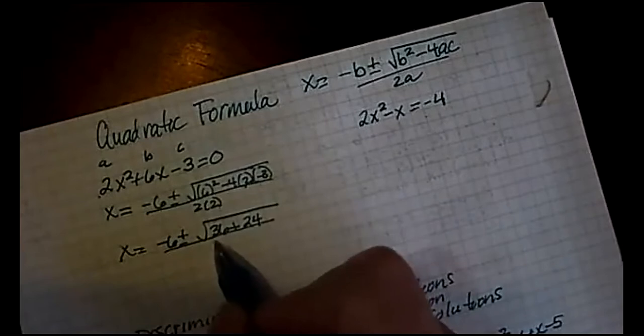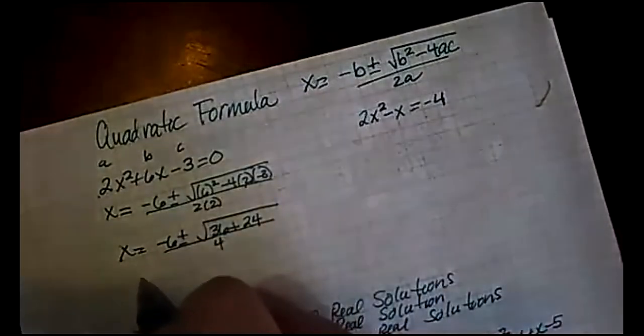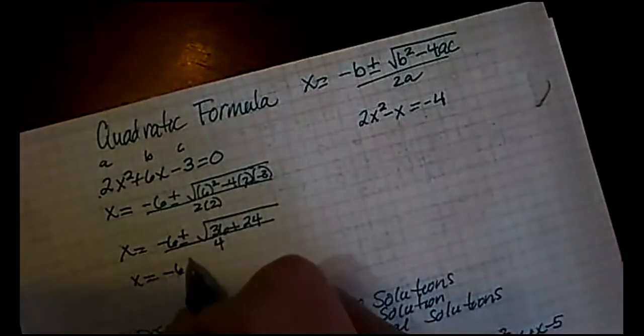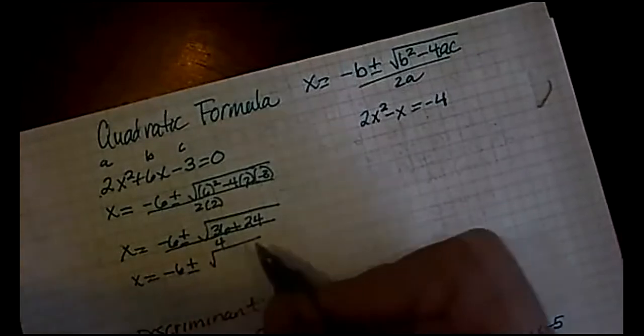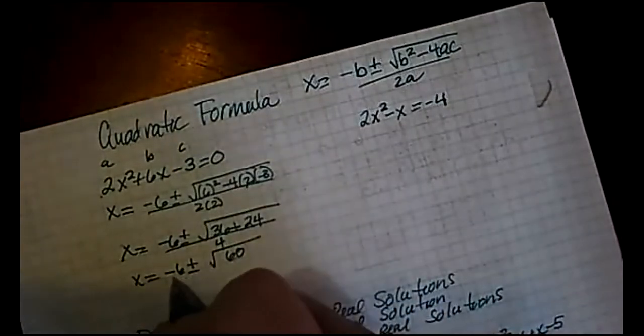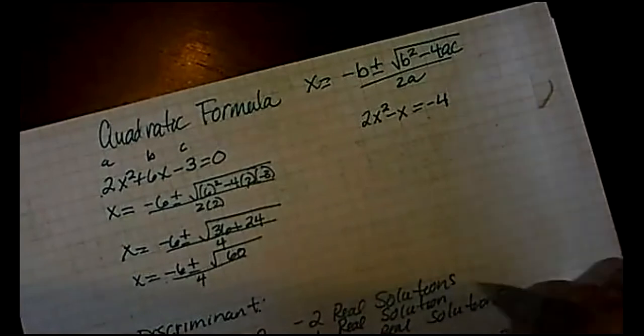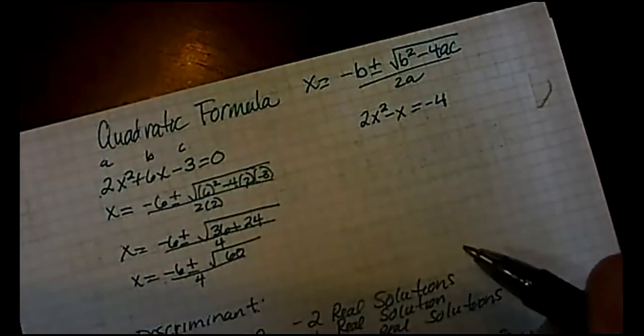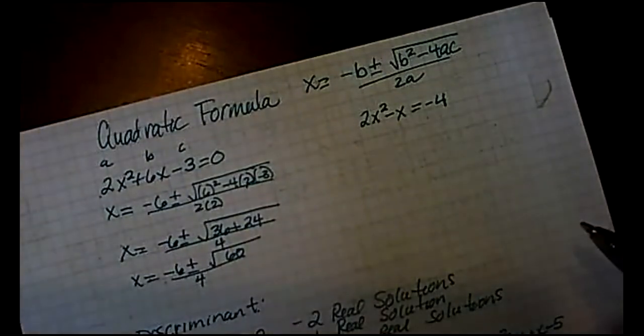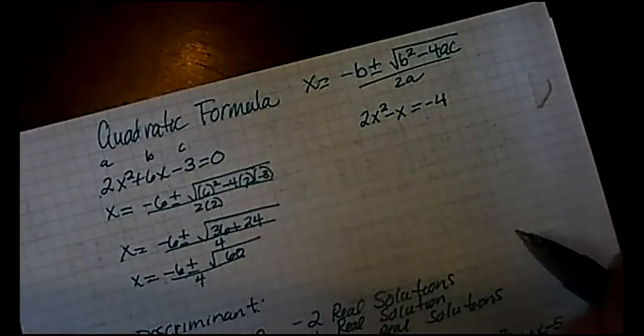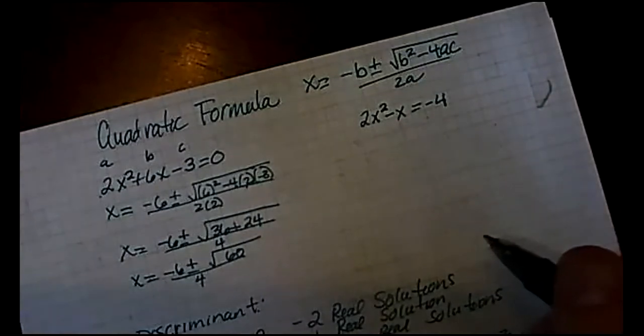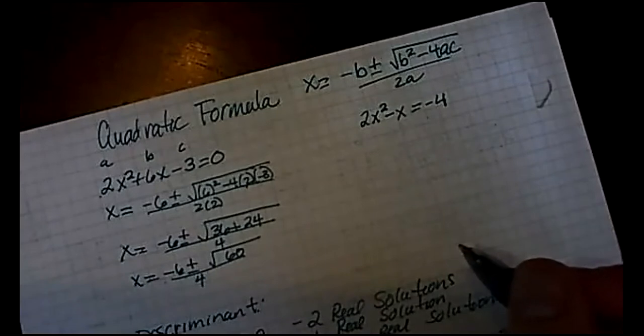And then on the bottom is 4. So again, x equals negative 6 plus or minus, what's 36 plus 24? 60. Do we have a perfect square in 60? 4 times 15 is 60. Yes, we sure do.